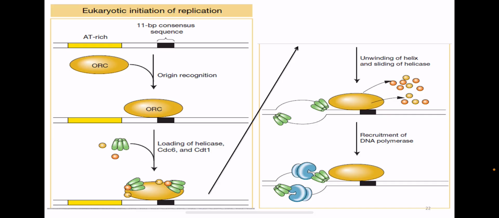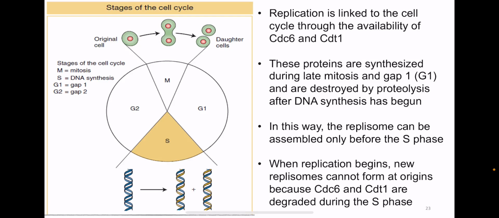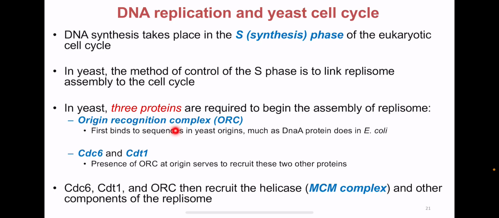In yeast, the control of the S phase is linked to replisome assembly. I think there's a diagram here, we will come back to it. In yeast, there are 3 proteins required to begin the assembly of the replisome. As I said before, all the proteins come together on the DNA.